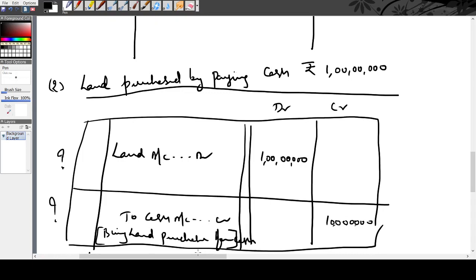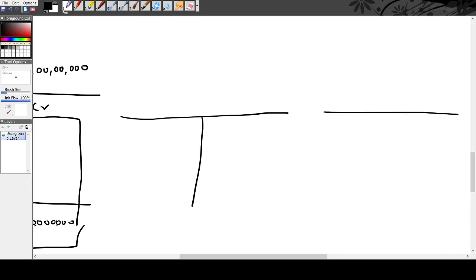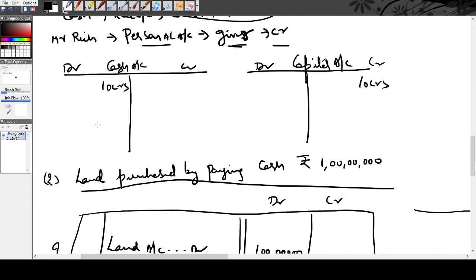Now actually what have we done in this journal entry? We have recorded some instructions relating to preparation of accounts. Now I need not prepare a cash account again, because we have already prepared a cash account in our earlier journal entry.